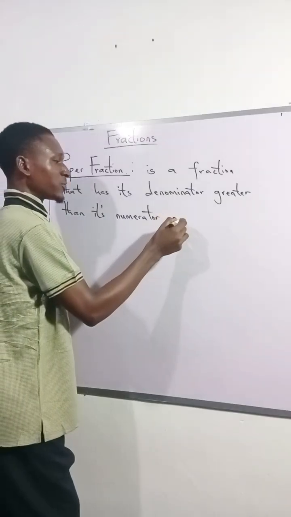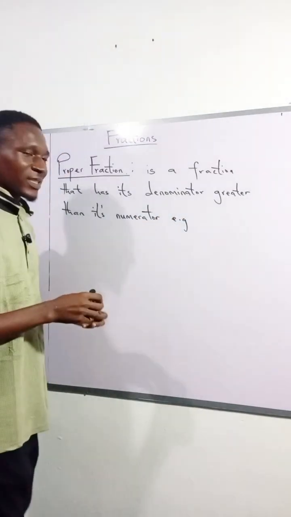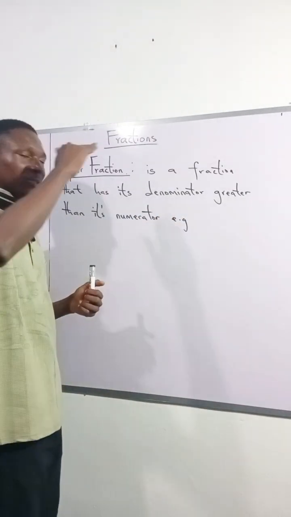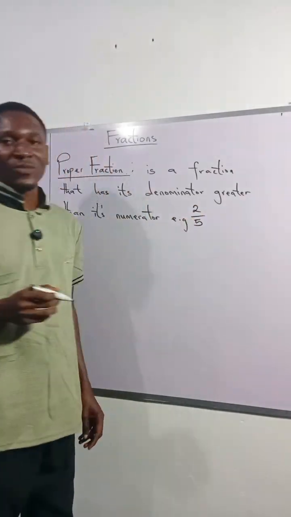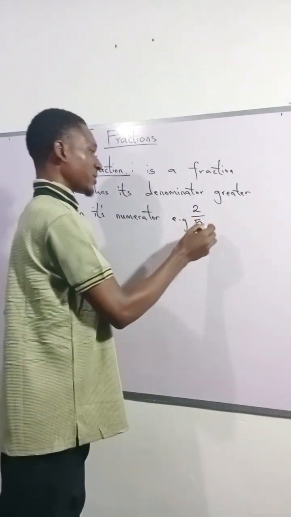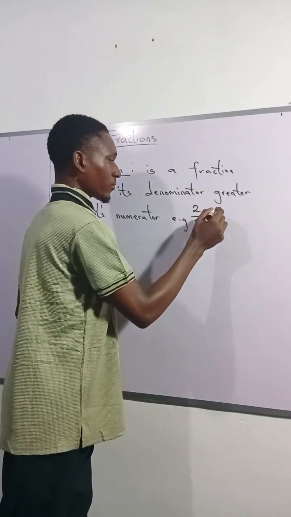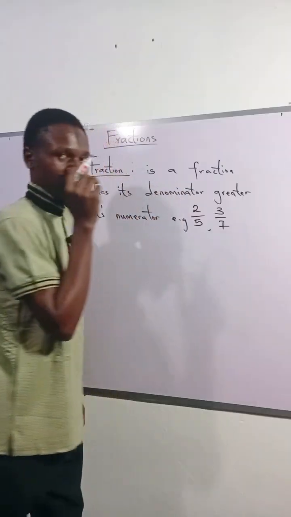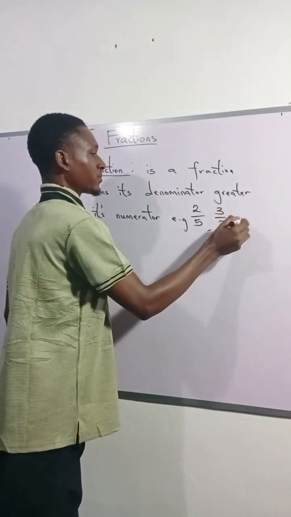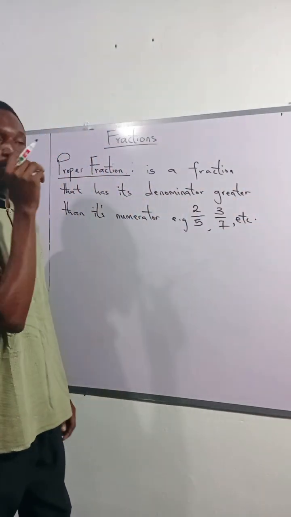And you can give examples. Examples of fractions where the denominator is bigger than the numerator. Example is 2 out of 5. Yes, we can take 2 out of 5, it is making sense. 3 out of 7 is making sense, and continuously like that.